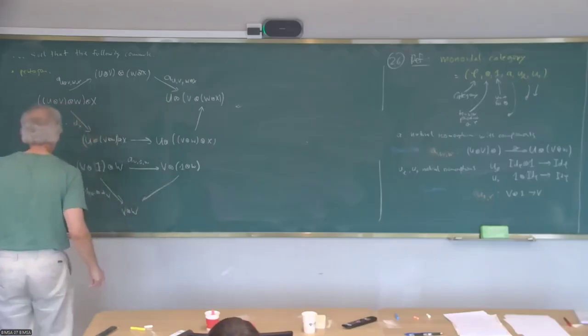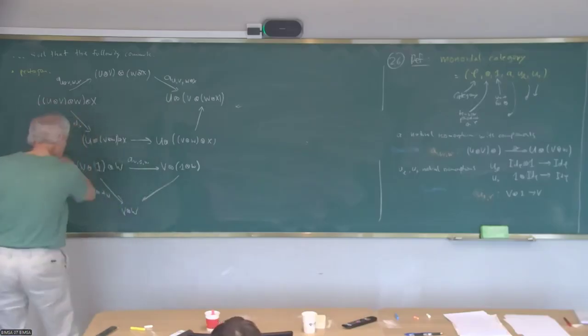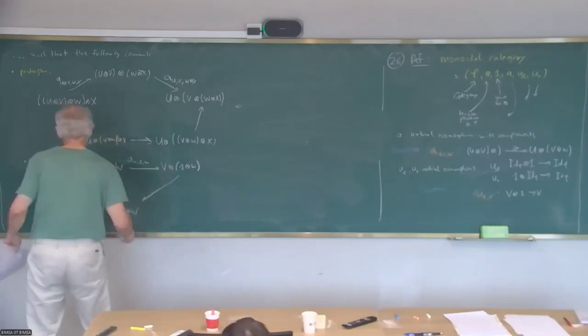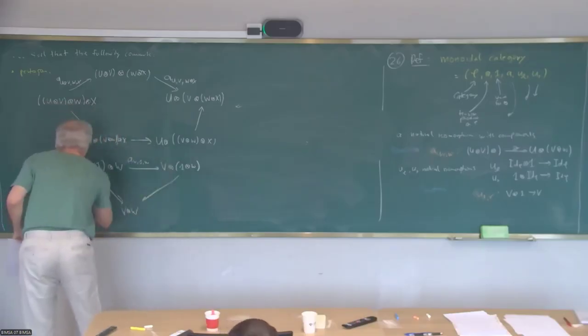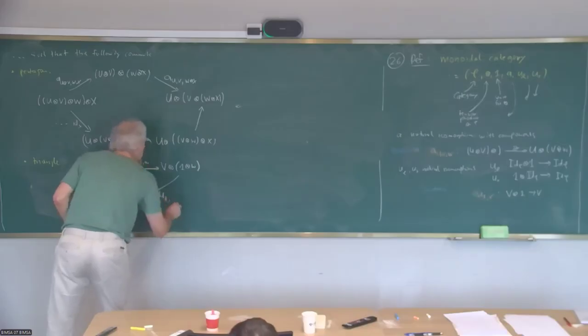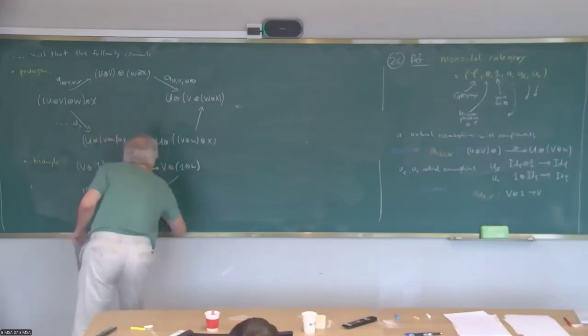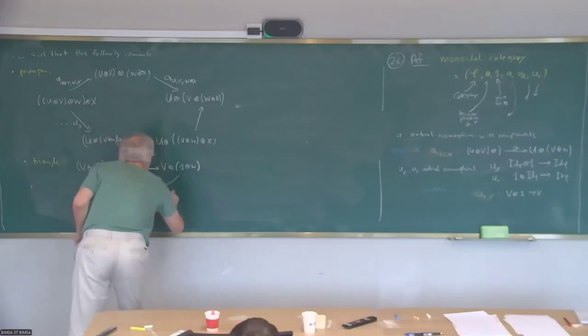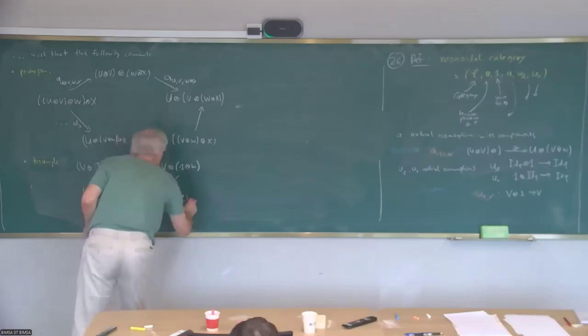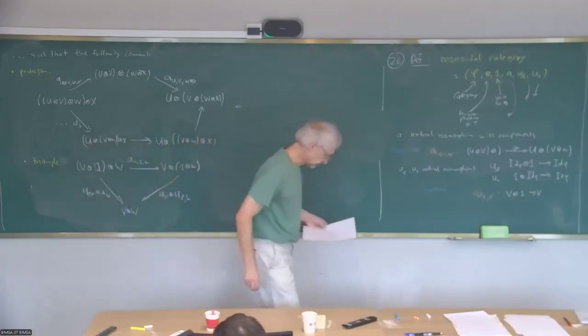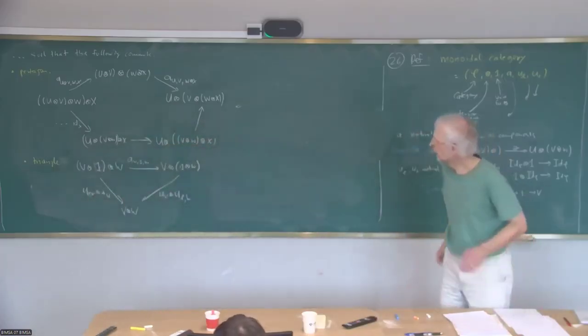Because I have 3 natural transformations. So there is one triangle which involves both the UR and the UL: identity on V, tensored with the left uniter for W.